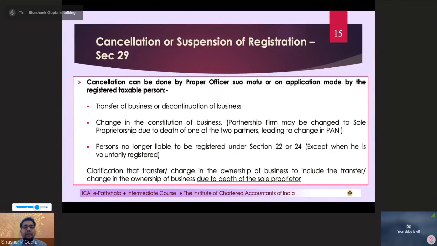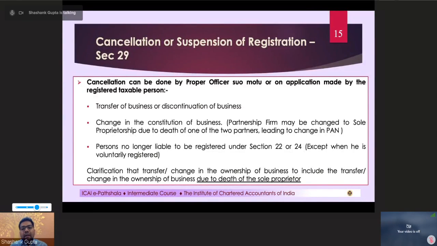The reasons could be transfer of business or discontinuation of business, change in constitution of business, or the person no longer being liable to be registered under section 22 or 24. These could be some cases wherein cancellation of the registration shall become applicable.